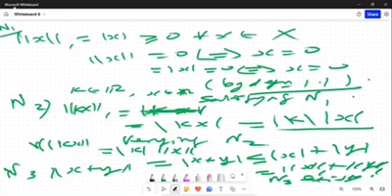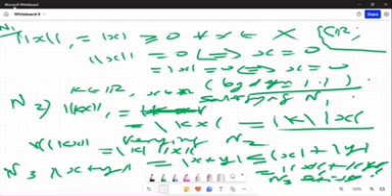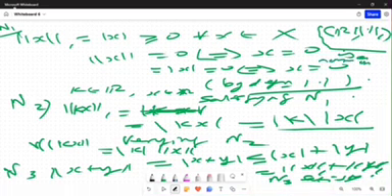So what's your conclusion about the norm? Is it a norm? It means that the space R together with norm 1, which is the absolute value, is a norm on R. Okay?